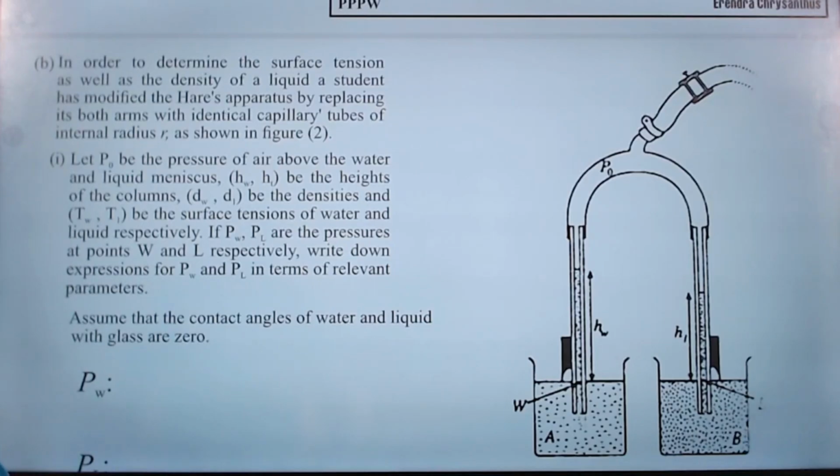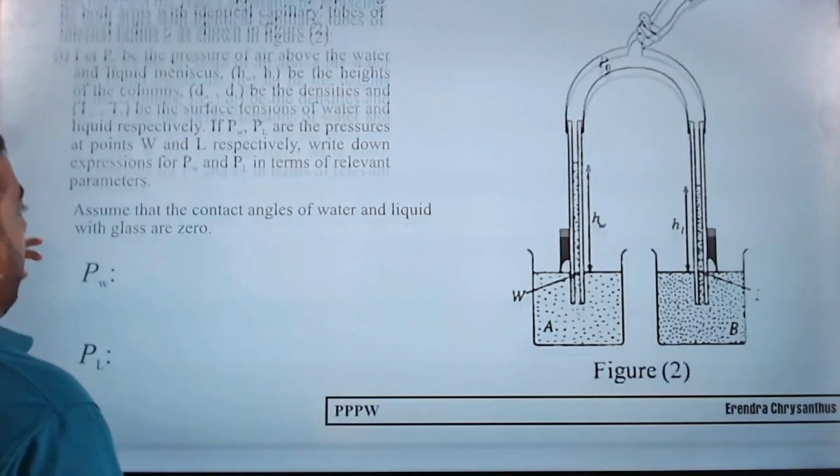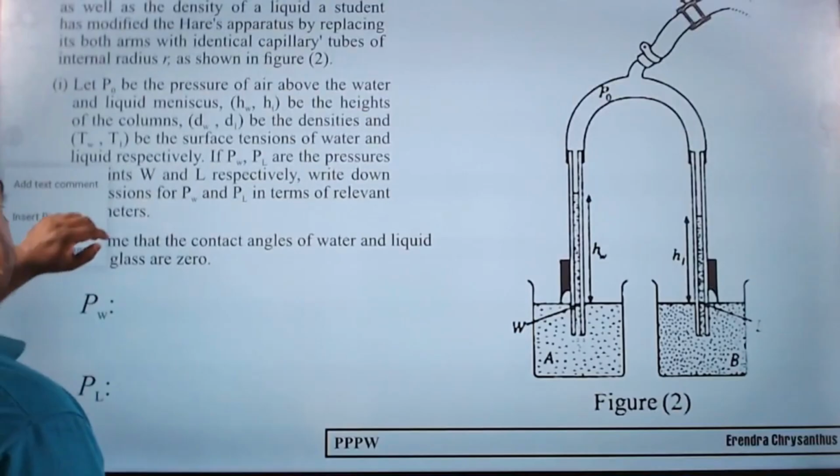Let P naught be the pressure of air above the water, and HW, HL be the heights of the columns, dW, dL be the densities, and TW, TL be the surface tensions of water and liquid. If PW, PL are the pressures at points W and L, write expressions for PW and PL in terms of the relevant parameters. The angle of contact of water is 0.